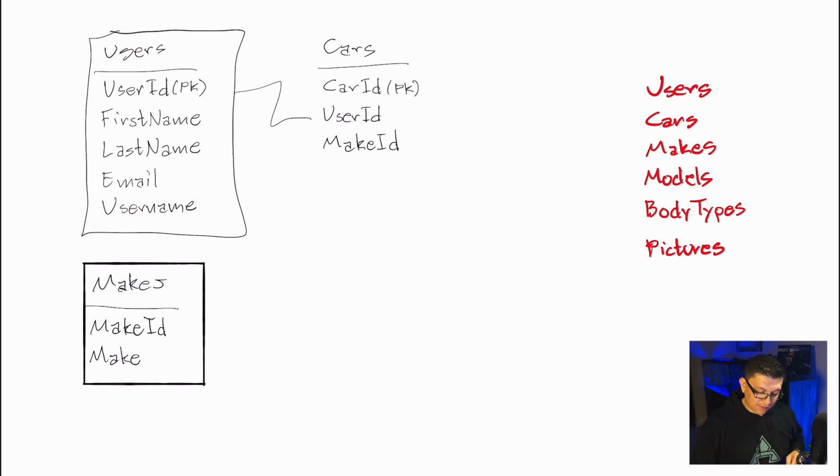Let me explain the reason why we break out the make, because we could very well go in here and just put the make as a string as part of the database. There's nothing wrong with that. The reason why I like to break it out, and it's good practice, is because there could be different variations on the spelling, or maybe somebody misspells one of the makes.